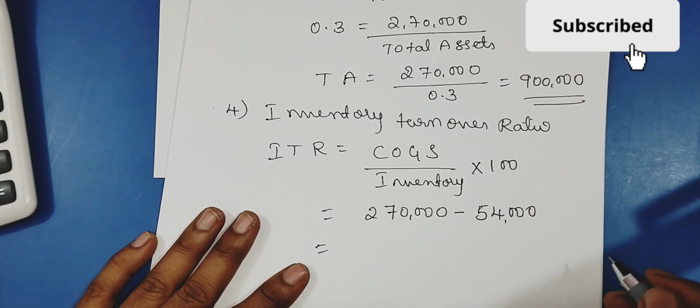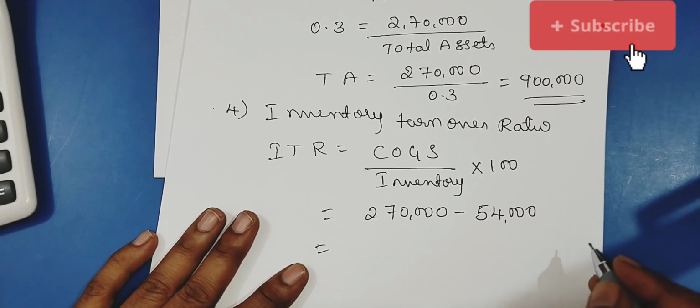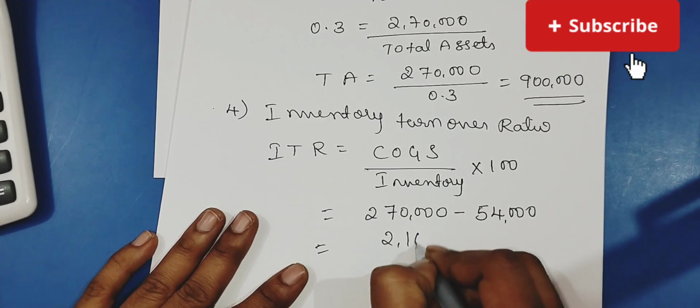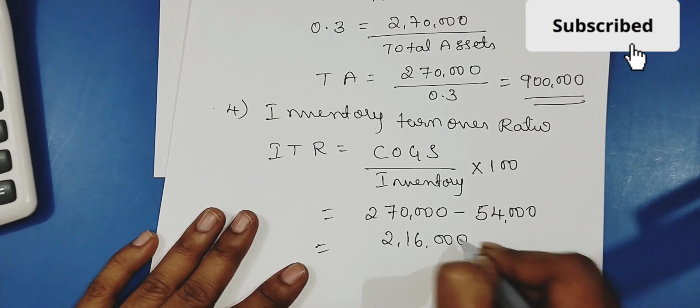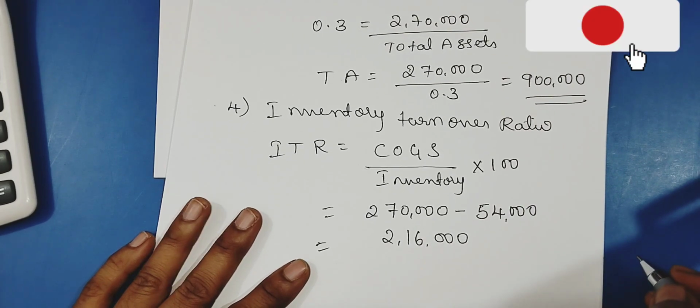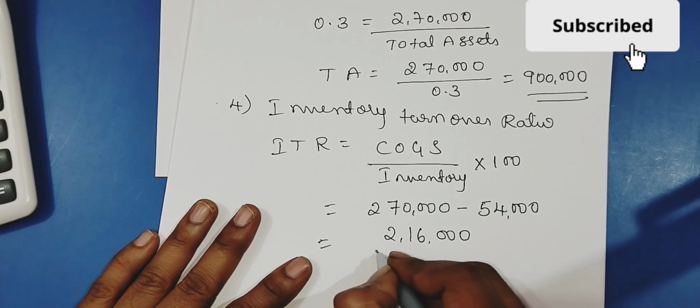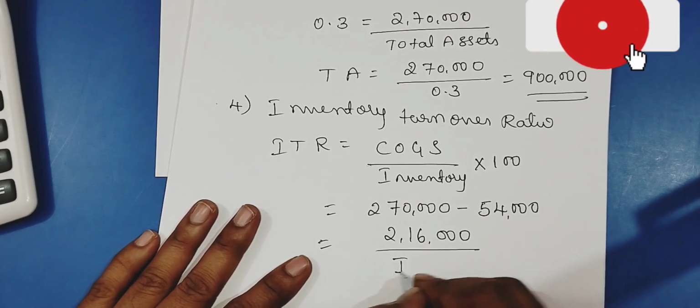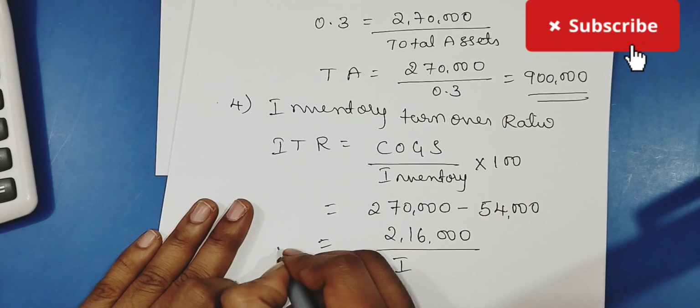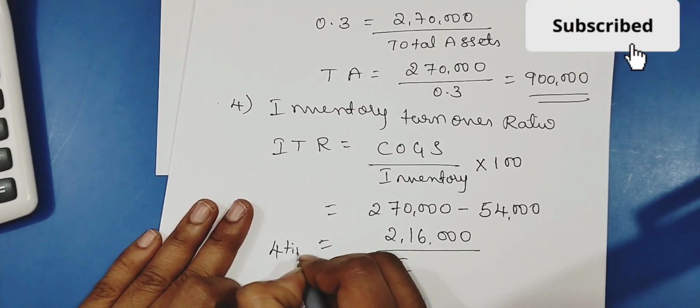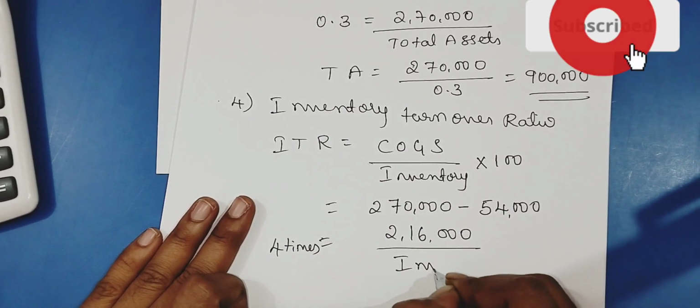Now 2,70,000 minus 54,000 is 2,16,000. 2,16,000 is COGS, and here ITR is given. ITR is 4 times.